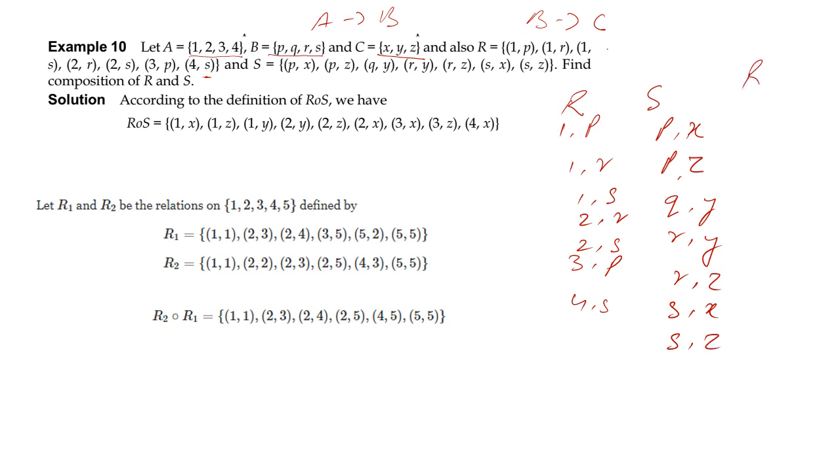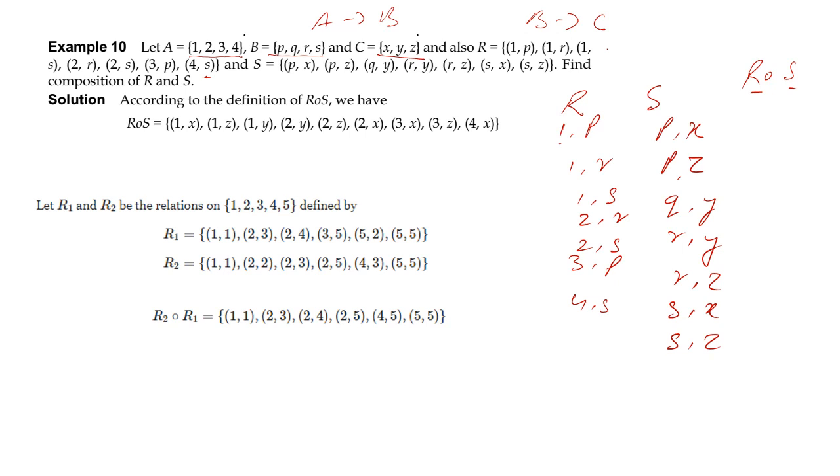Now in order to find R composition S, what I will do is I will take the first element. Now please pay attention to the procedure. The procedure will remain the same irrespective of what composition you have to find. If I have to find out R composition S, what will I do?